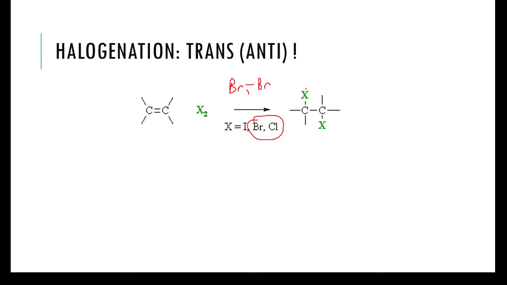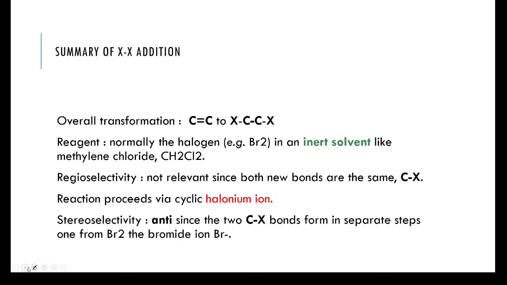Well, the first thing I want to point out before we even do that is, and it says it right here, anti, our halogens add on opposite sides. That's important. And you'll see why, because of the method of it adding. Okay. Usually dichloromethane, which is this right here, also known as methylene chloride, is used in this reaction because we don't want a reactive polar solvent.